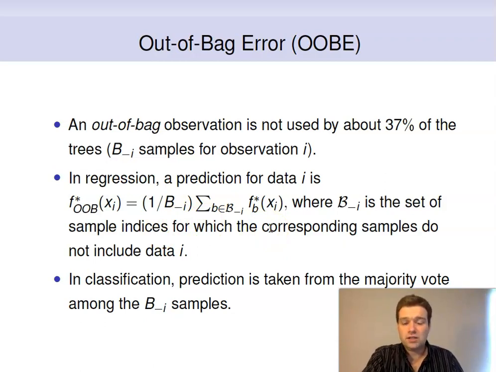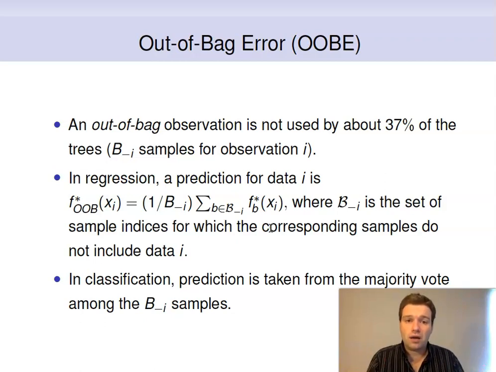In classification, no problem, it's almost the same. We also have out-of-bag data. We take xi and the B minus i samples corresponding to xi. We see for each of these trees which class is predicted for this data xi, and then we make a vote and see which class has the largest number of votes, the winning class for this data xi.